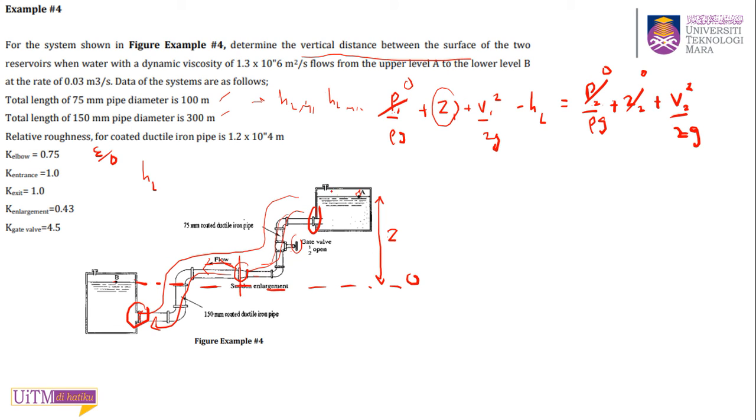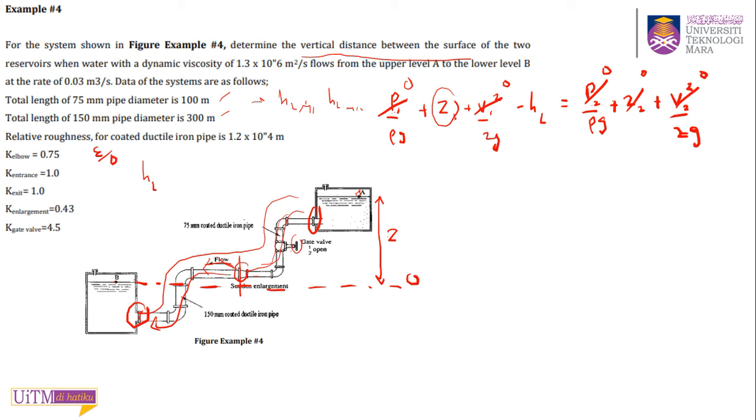We have discussed this in chapter 3. If you have a very large surface area, the velocity at that point, compared to the velocity in this pipe, is very small. So you can cancel out V1 and V2 too. Understand?